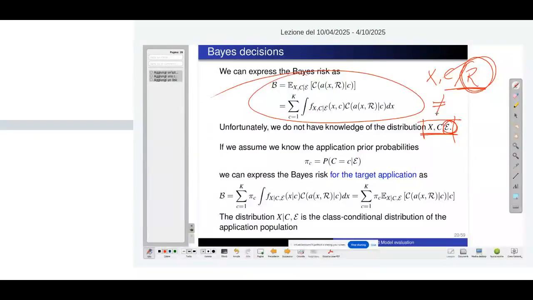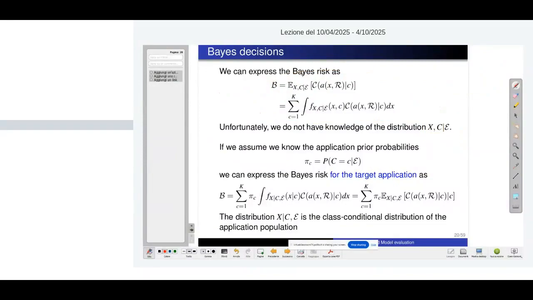Before we see how to deal with that, let's write this risk in a way that highlights, again, the different things that we're interested in, essentially the prior class probability and the cost of errors per class, which are the quantities that we were using before. We see that what we did before is actually the same as what we do now.